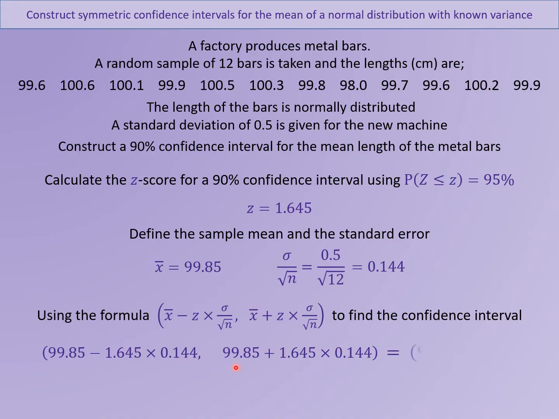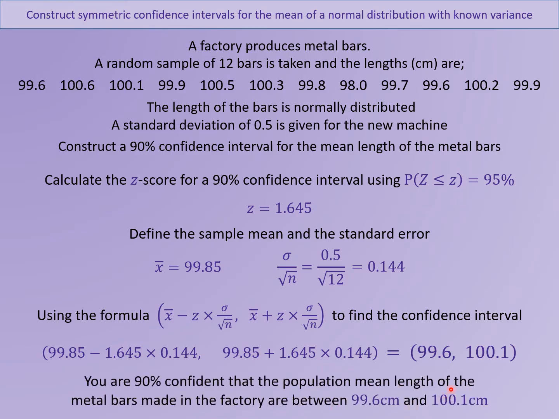Now in this case, we could type the numbers in and we know that is a 90% confidence interval. And what you would say is you are 90% confident that the parent mean of that sample is somewhere between 99.6 centimetres and 1 metre 0.1 centimetres. So somewhere in between those two values.